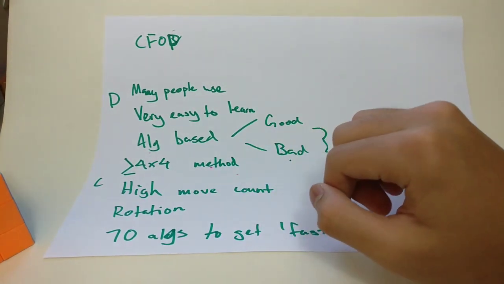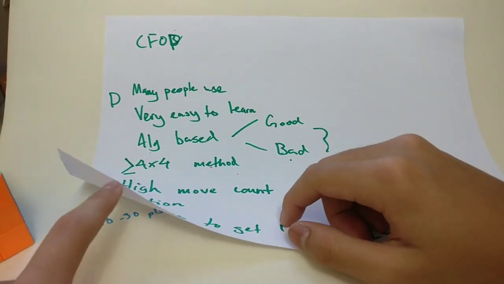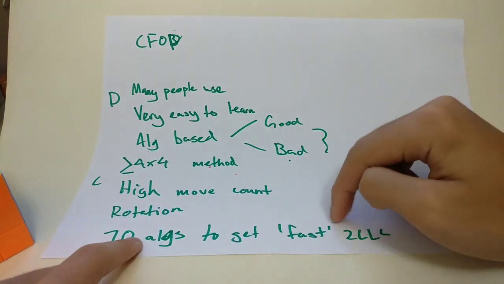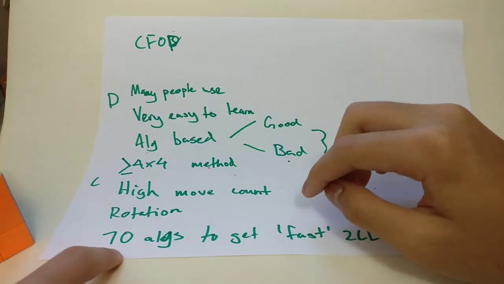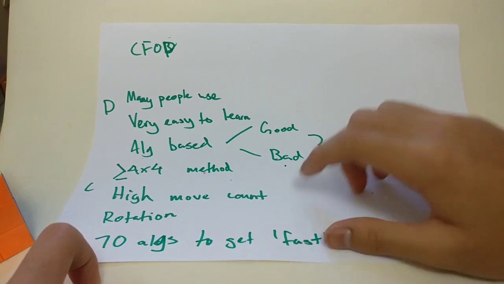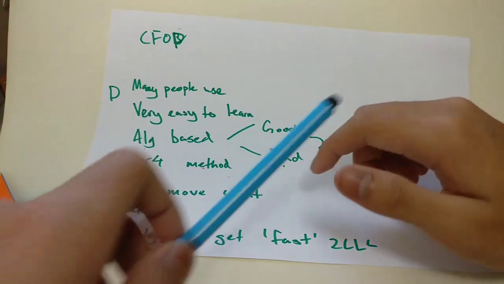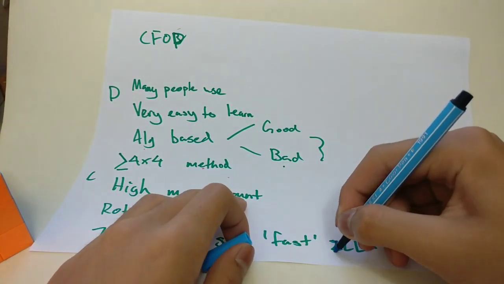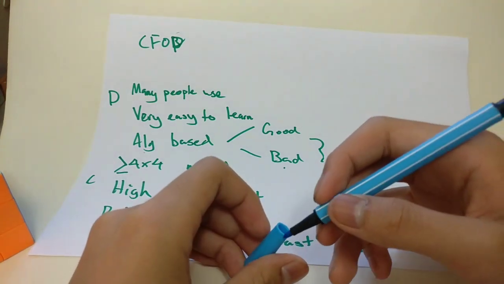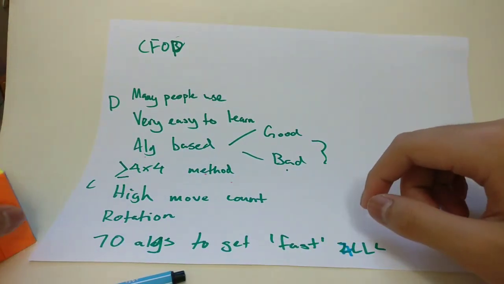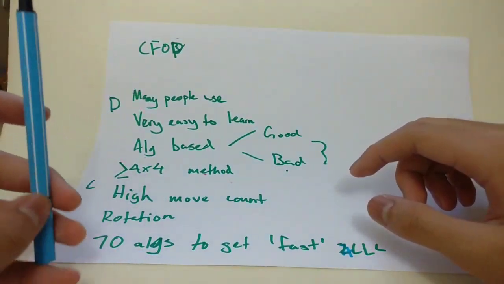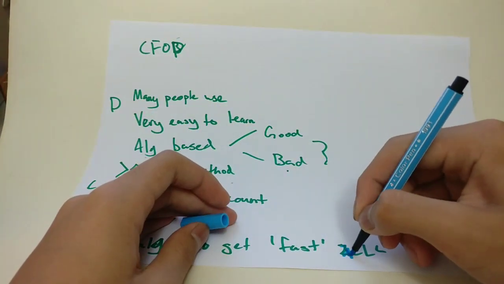And the move count and algorithms needed to get 2-look last layer is quite a bit. Well, not 2-look last layer, but 4-look, which is what I'm talking about. No, wait, that would be 2-look last layer actually.